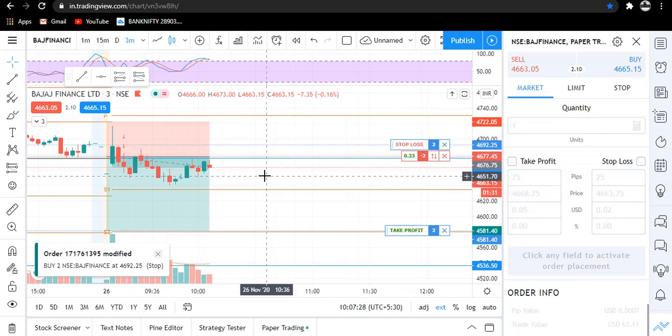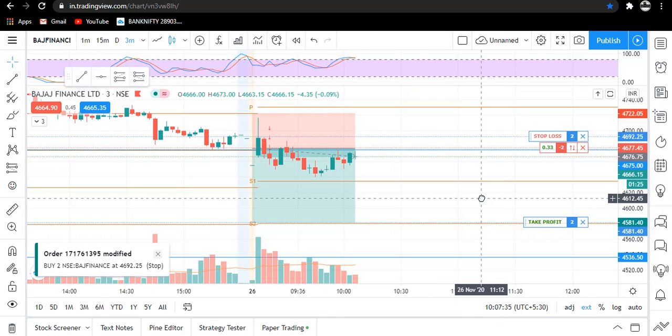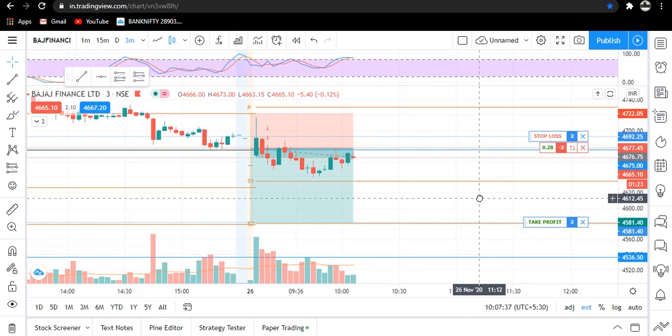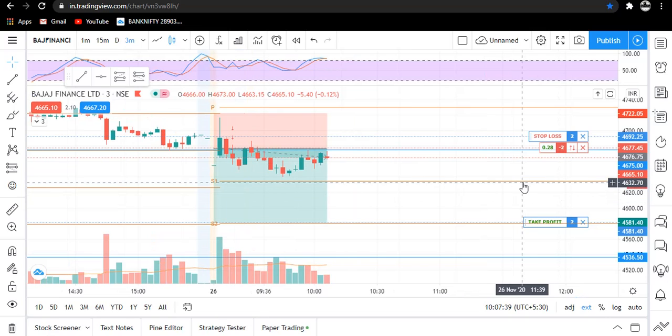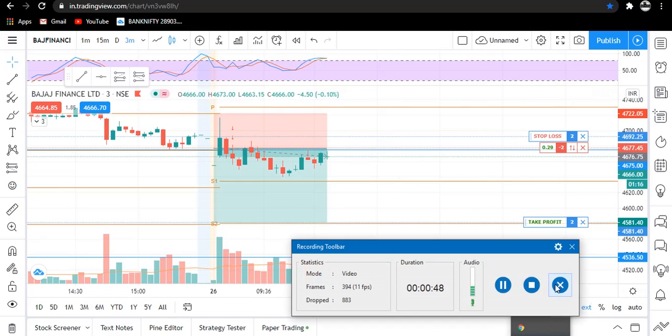Now we have trailed our stop loss, and if it is going to reverse, we will not be booking a large amount of loss. So this was a quick update of our trade in Bajaj Finance. I will update you after some time.